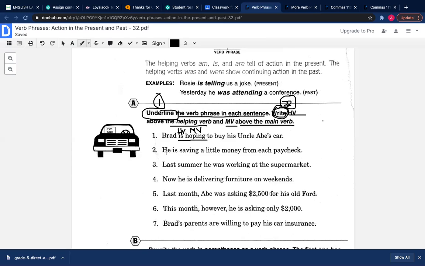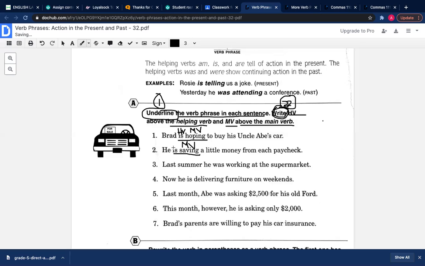Let's try number 2. He is saving a little money from each paycheck. Okay, so he is our subject. What is he doing? He is saving. That's our verb phrase. The main verb is what he is actually doing. Well, he's saving.